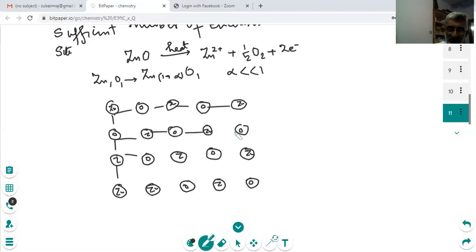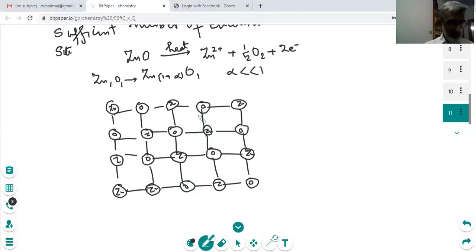Let us complete the figure. When you write the exam, please make sure that it is properly done. Don't simply try this in a hurry. So here is the overall crystal. We are talking about one plane.